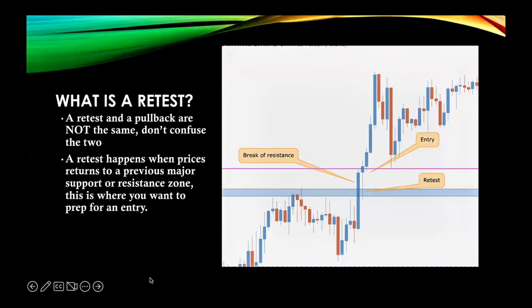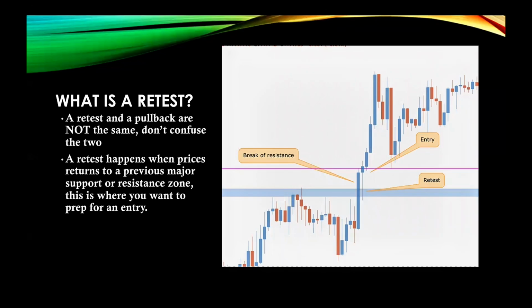Some of you may be wondering, what is a retest? Retests and pullbacks are not the same. Don't confuse the two. A pullback has enough momentum in it where a scalper can make some money. A retest happens when price just touches the zone and goes the other way. So in this example, we have our break over resistance.